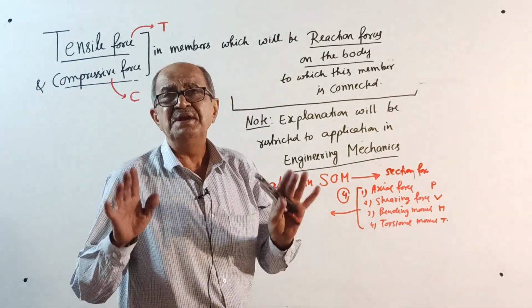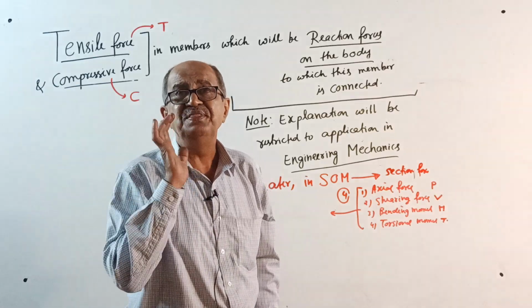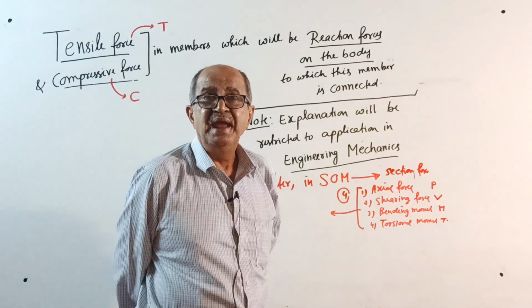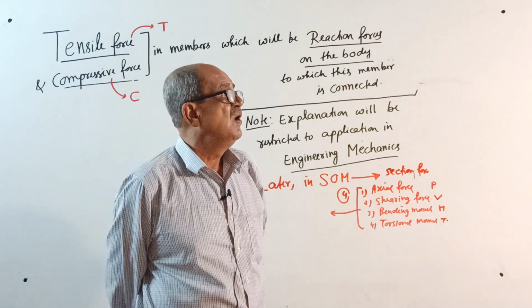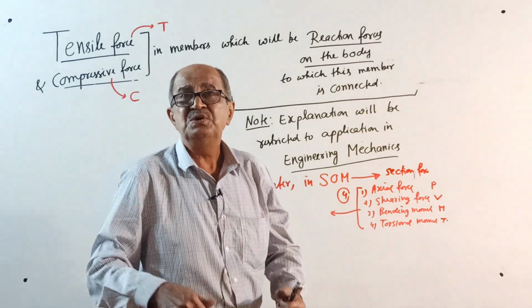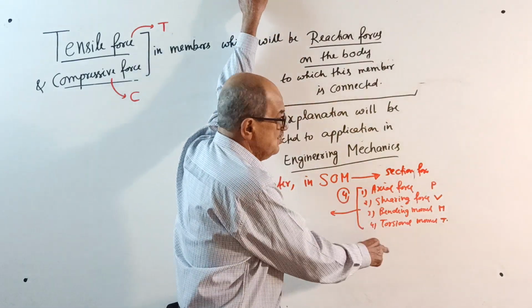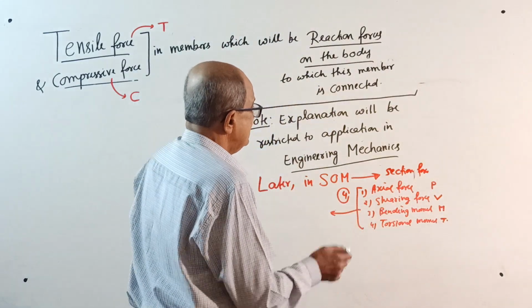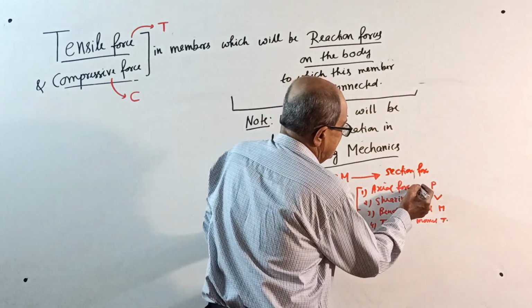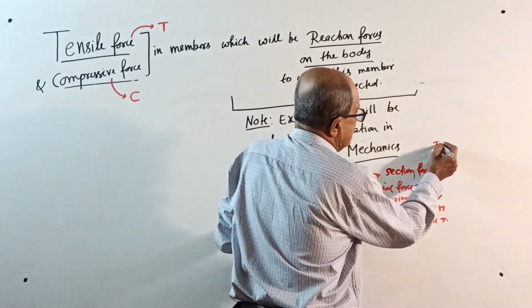Your complete strength of materials deals with the behavior or resistance or member strength to resist these 4 section forces. Actually, later in the axial force, this tension and compression will come.